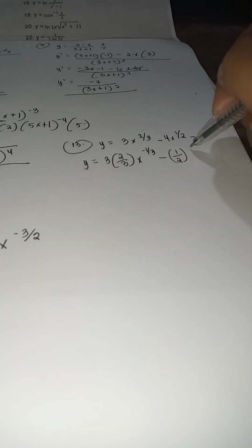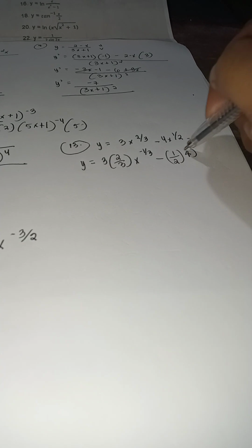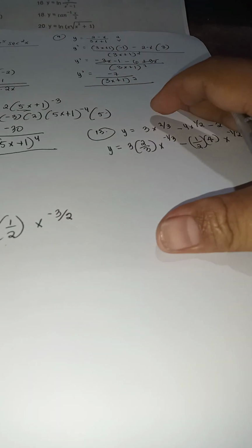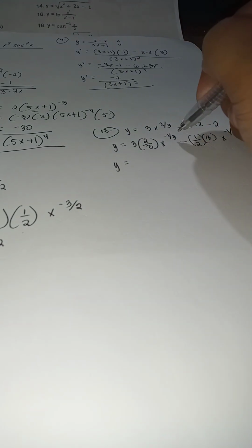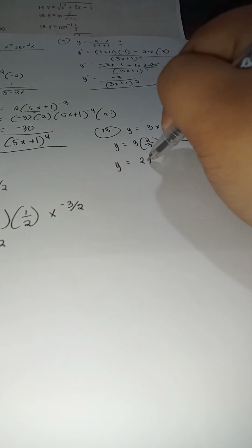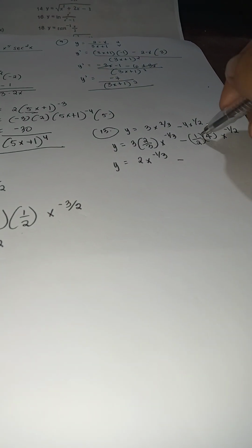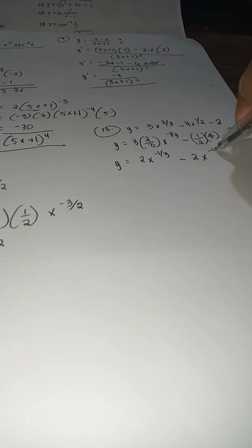1/2 times 4 x to the negative 1 half. So simplify it. 3 times 2/3 x to the negative 1/3 is 2x to the negative 1/3, minus 1 half times 4 is 2, copy x to the negative 1 half.